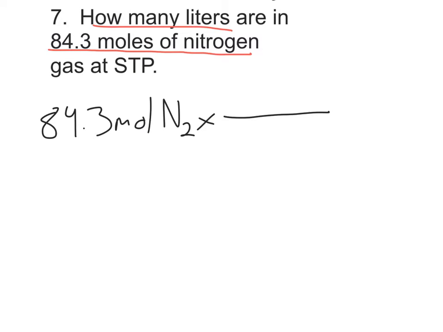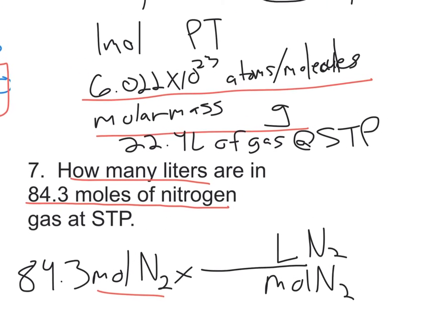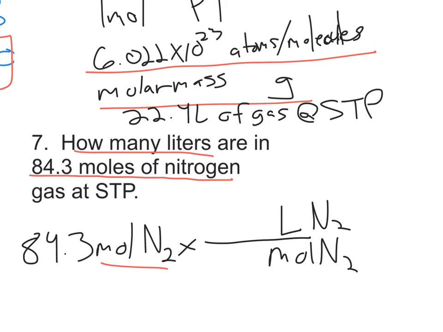The unit they started me with, I'm going to put that on the bottom of the fraction. So in this case, moles of nitrogen go on bottom. The unit they want is going to go on top, in this case, liters of nitrogen. And then I check my periodic table for the numbers. And up here I can see I've got moles, which is 1, and I've got liters, which is 22.4.